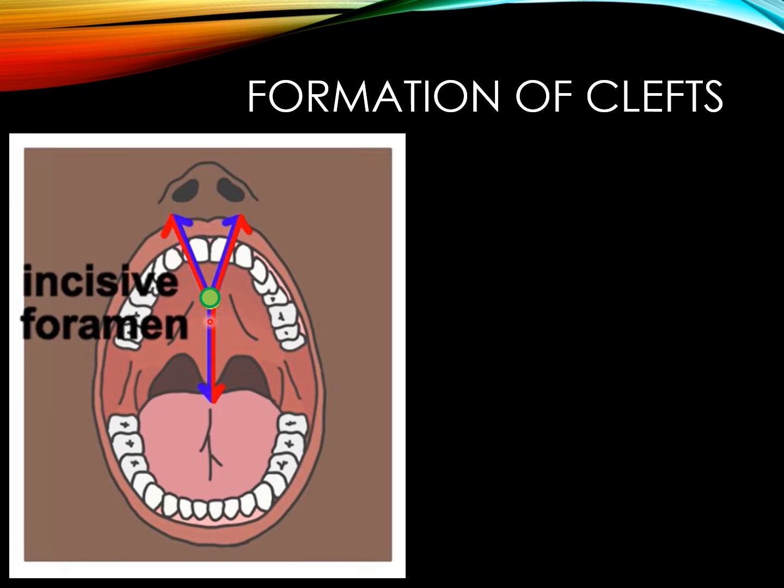I would like you to understand that the reference point of fusion is the incisive foramen, and a fusion of the primary palate and secondary palate is from this point in the frontal direction or distal direction, like a zipper.